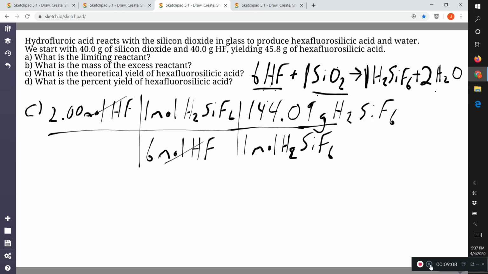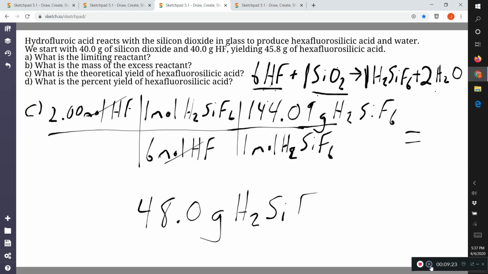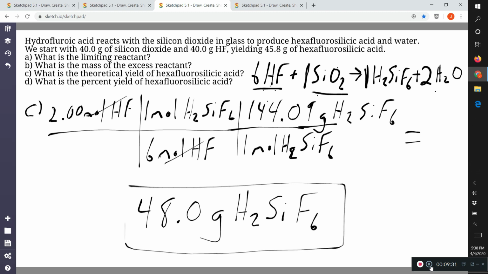So we do this whole calculation, and that will get us 48.0 grams of H2SiF6. So that was the theoretical yield. That's how much we calculated that we should get. But according to this problem, we actually only got 45.8 grams of it.